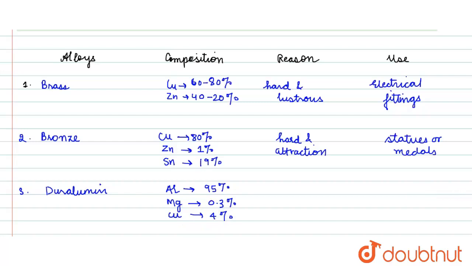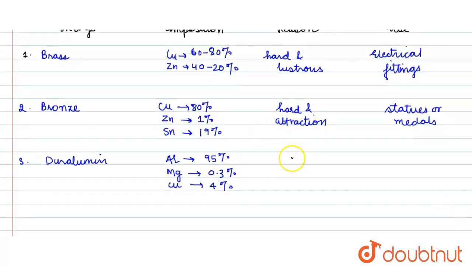Due to its light nature, it forms a good alloy. It is very light in nature and is generally used in preparation of aircrafts.